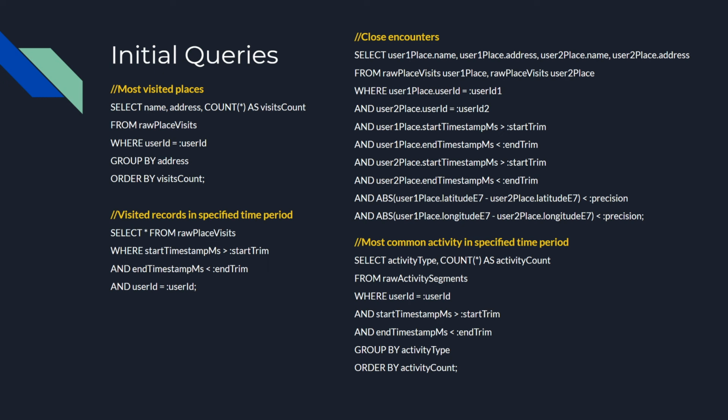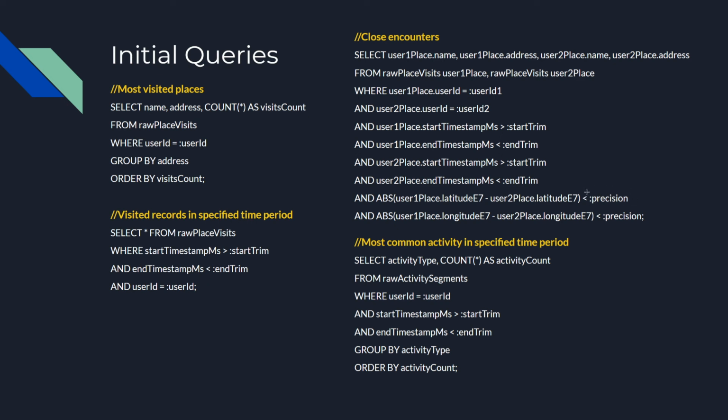Then we want to filter by a particular time period like we were doing before. And then at the very bottom here where we have this absolute value of latitude and longitude, what we're doing here is we're taking the difference between a particular person's latitude and longitude and grabbing the absolute value of it and making sure it is less than a specified precision value.